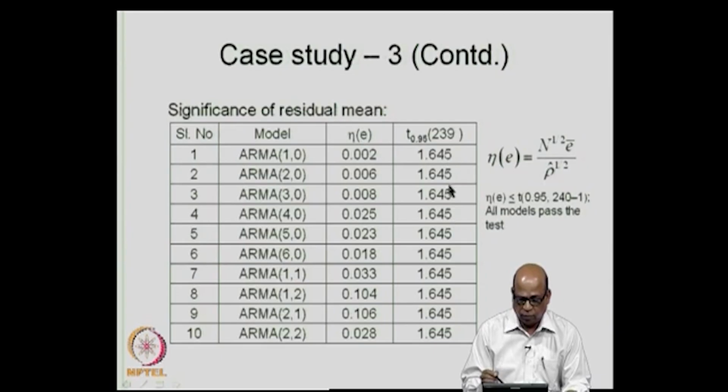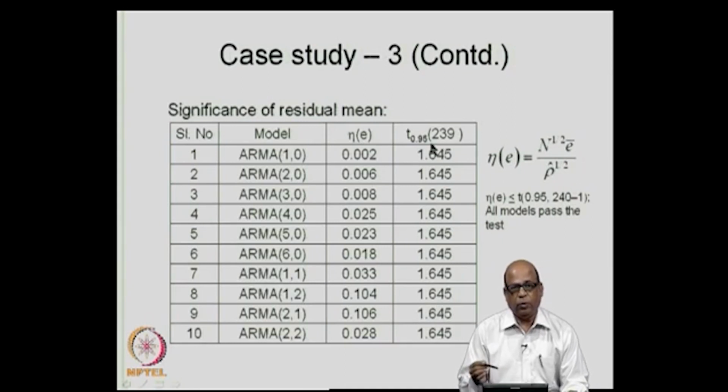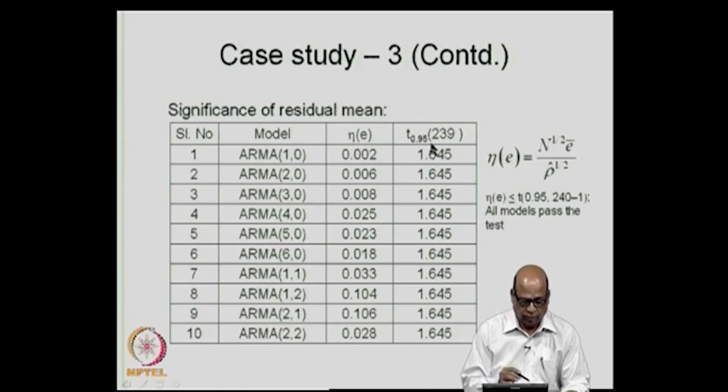So, this is 1.645. If the statistic that you calculate is less than this particular value, then the model passes the test. As you can see, all of these values are less than the associated t value, and therefore all the models pass the test. Although we are interested in this particular model ARMA 4,0, which is the model that we have chosen and that passes the test, typically you can do this test for all the candidate models just as an exercise.